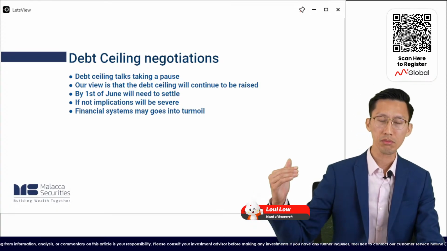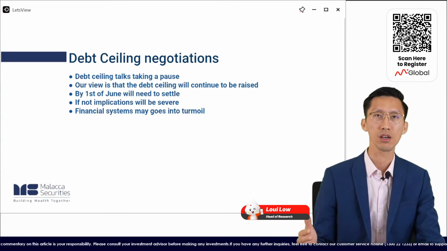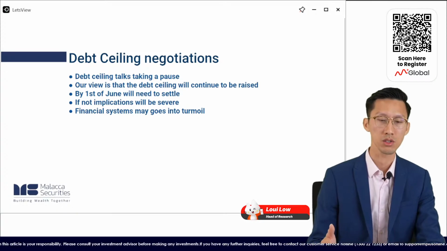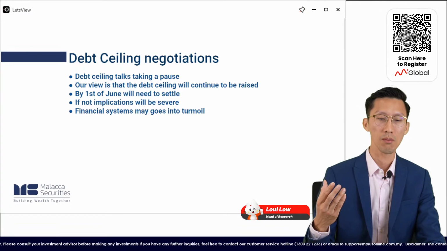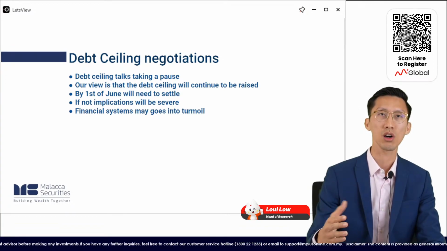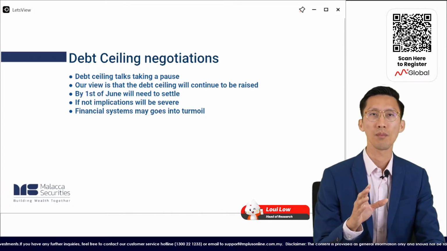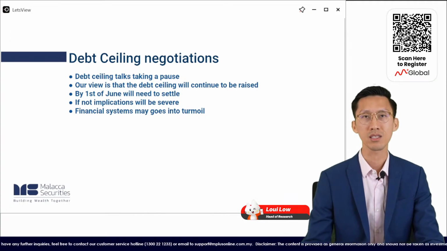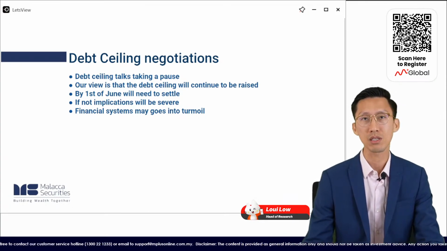Okay, so again, our view. Everything that we have talked about, we also need to put in our view, whether it is right or wrong doesn't matter, because at least I give you an idea of my thoughts on this. Over the past 100 years, since 1917, it was about 11.5 billion debt ceiling.